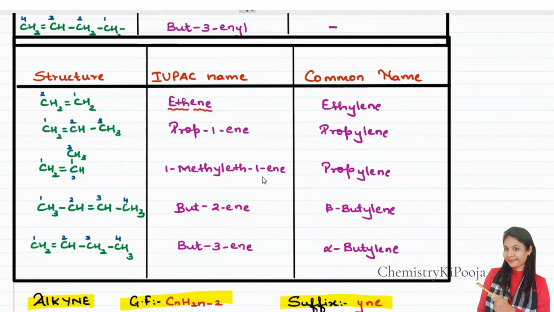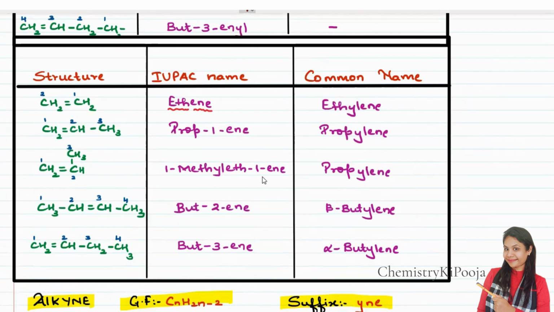Even if you write it, no one is going to mark you wrong, but it is not mandatory to write the first position. Remember this. As I have already discussed, for alkene the common name is alkylene, and the IUPAC name is alkene. So ethene can also be called ethylene. In the same way, propene can also be called propylene.